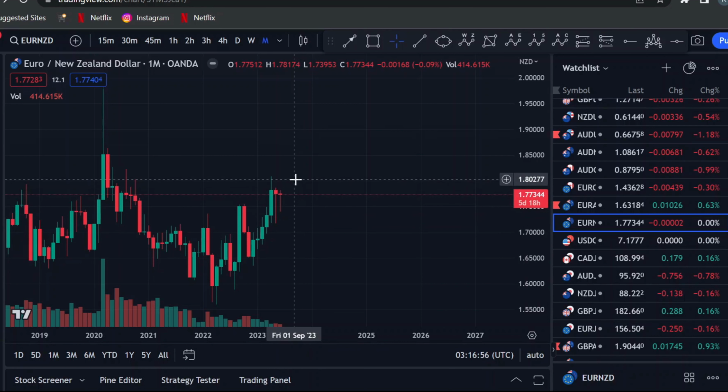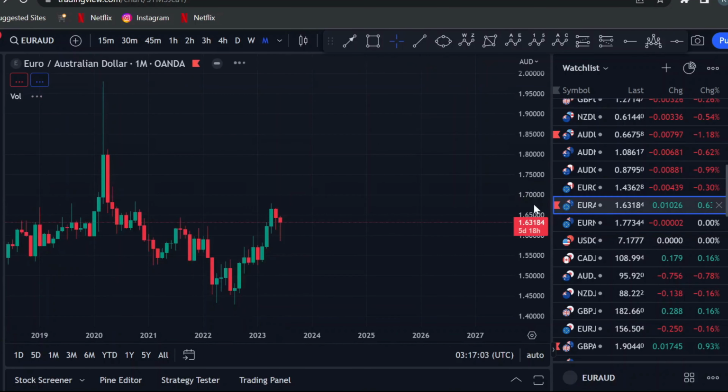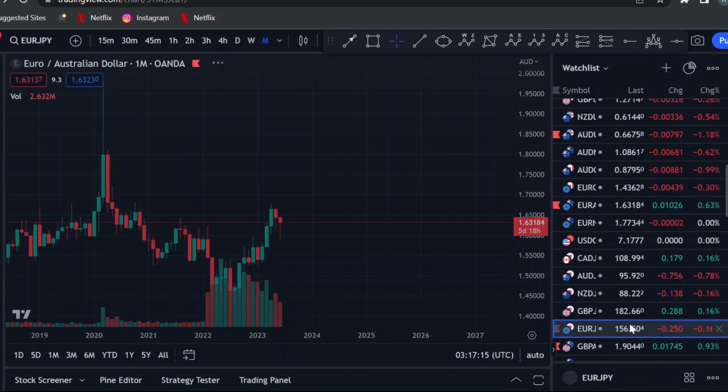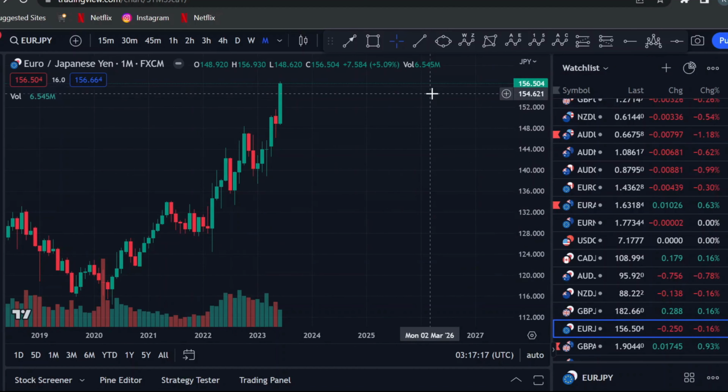You can see the market is most likely to close above this opening for the monthly candle. Euro JPY, same case, extremely bullish. So all these other pairs other than the euro dollar, they are bullish on the euro, sorry.